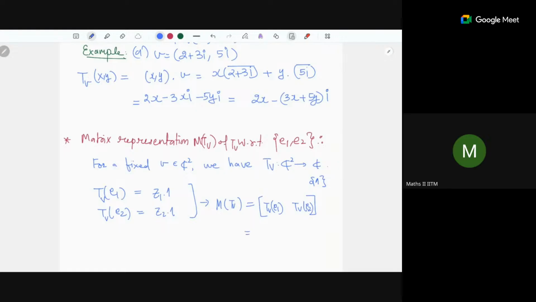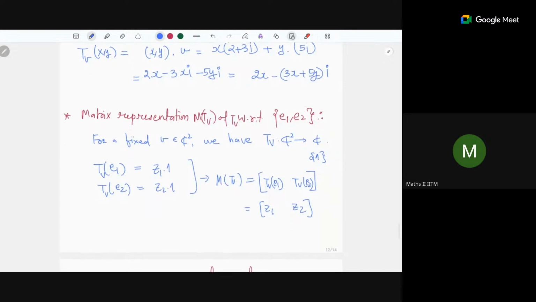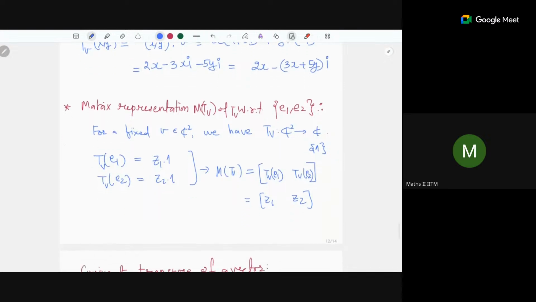In particular, T_v(e1) is z1 and T_v(e2) is z2. So these are my coordinates. This is the matrix representation. Now we can figure out what z1 and z2 are.